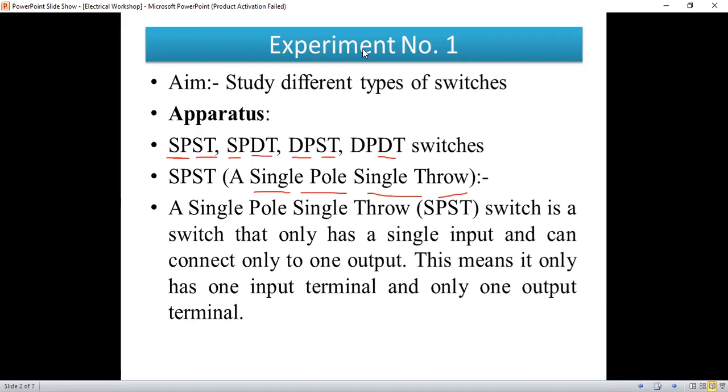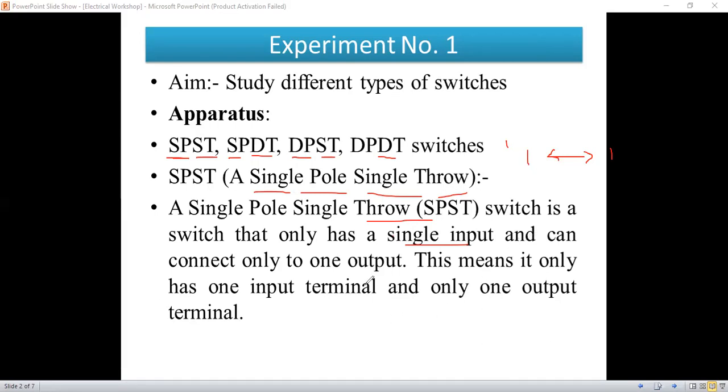That means this switch has a single input and a single output, one input and one output. It only has one input terminal and only one output terminal.